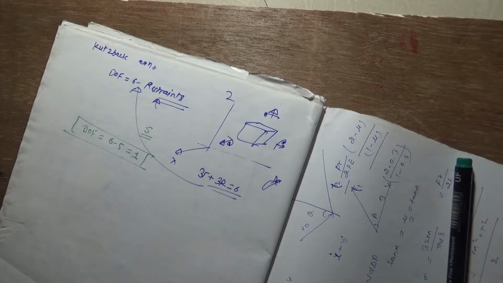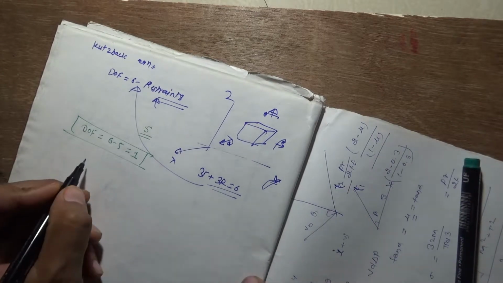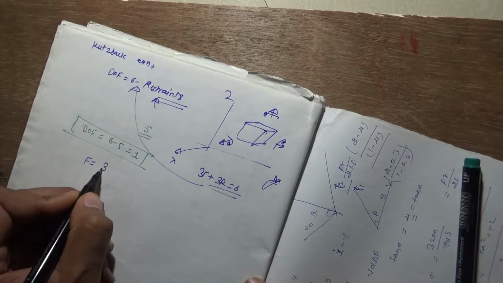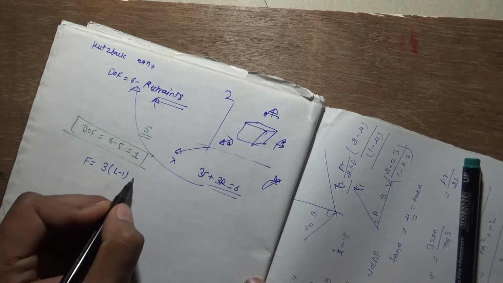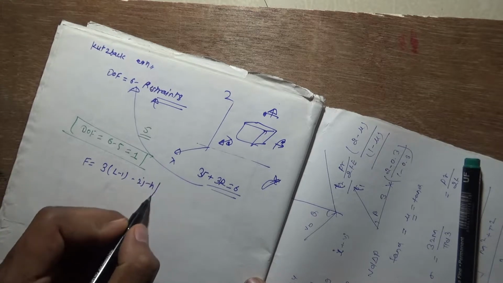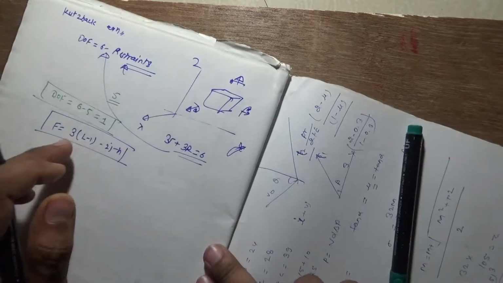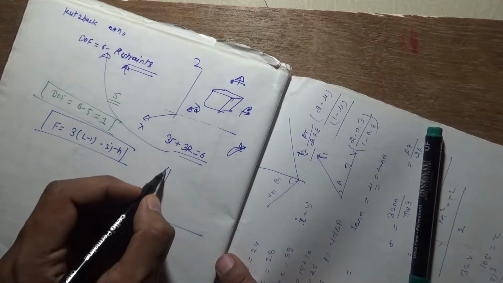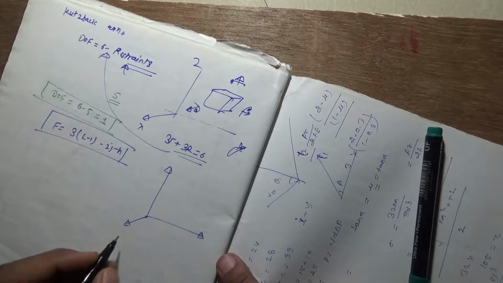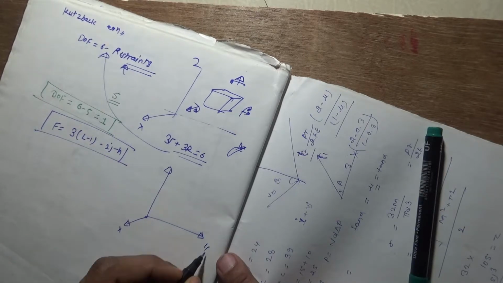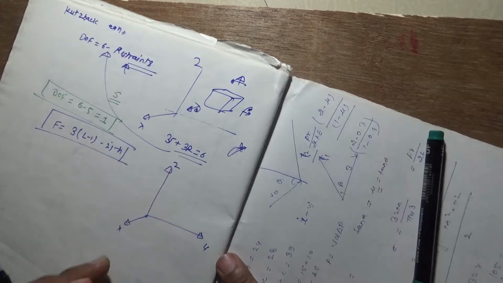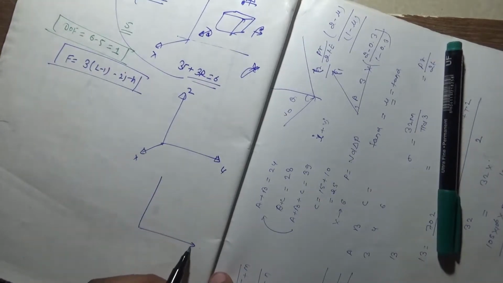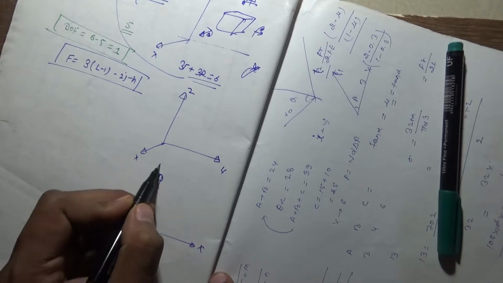Suppose I want to know the Kutzbach equation, then I can write F is equal to 3(L minus 1) minus 2J minus H. From where does it come? For this we concern ourselves only with two dimensions. In TOM we only discuss two dimensions, that is along the x-axis and along the y-axis.